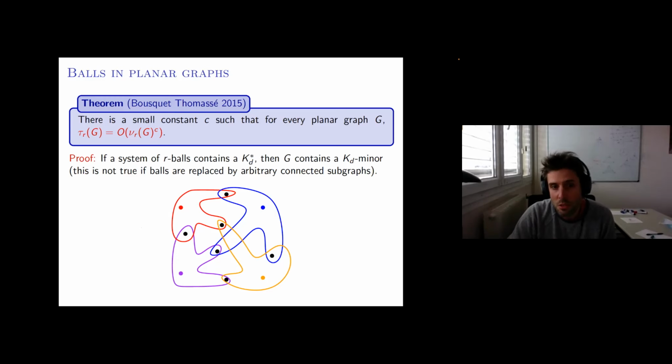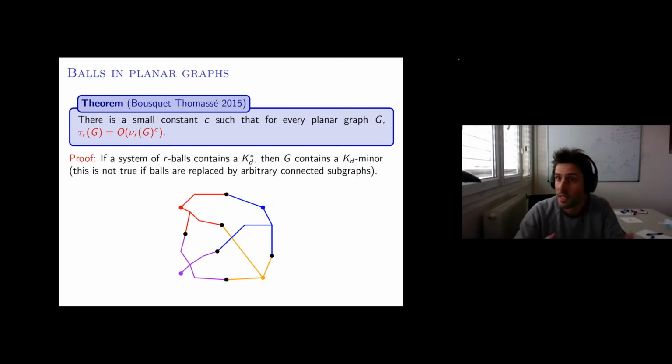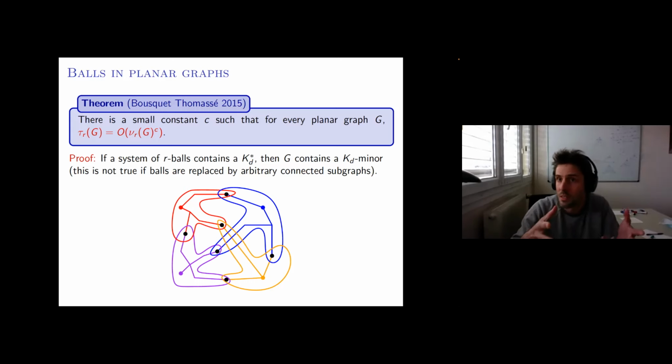The way you do that is you take the shortest path tree between each center and each leaf here, and using the fact that these are balls and some careful analysis, you find a K_d minor. But it doesn't seem so. It seems that we could only use the fact that balls are connected. But if you replace balls by connected subgraphs, it's completely wrong. You can't prove this. So balls are really important here.